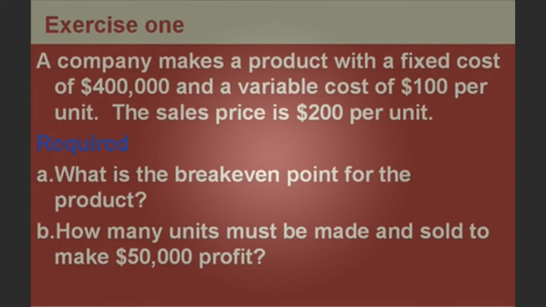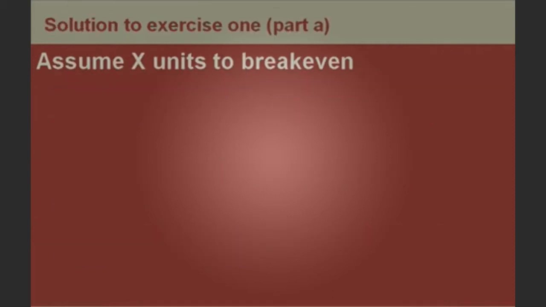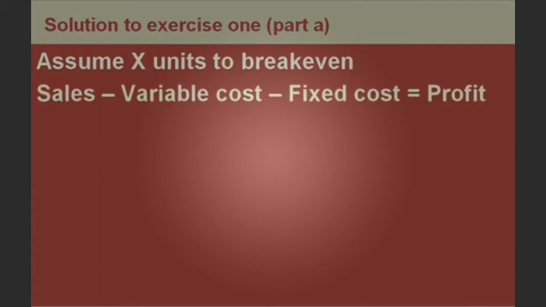Are you done? Here's the answer. Let's assume X units to break even. What we do is you go back to basics. Sales minus your variable cost minus your fixed cost equals profit. Do you buy that? Sales less all your cost give you profit.